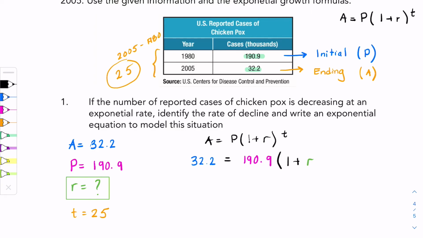I'm going to use the variable r for that, all raised to the power of time, which is 25 years.